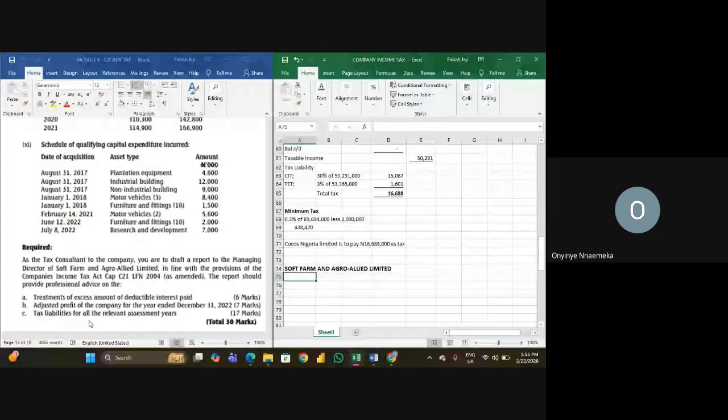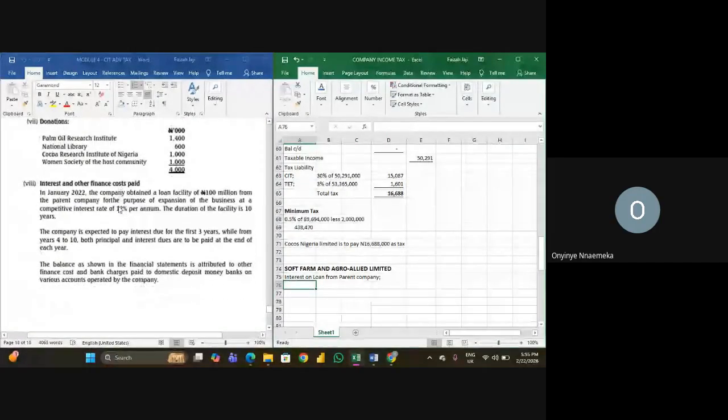Treatment of excess amount. Number one, let us calculate how much the interest is: interest on loan from parent company. So how much is the interest? Let's go back to that paragraph. It is 12% per annum. 12% of what? 100 million.